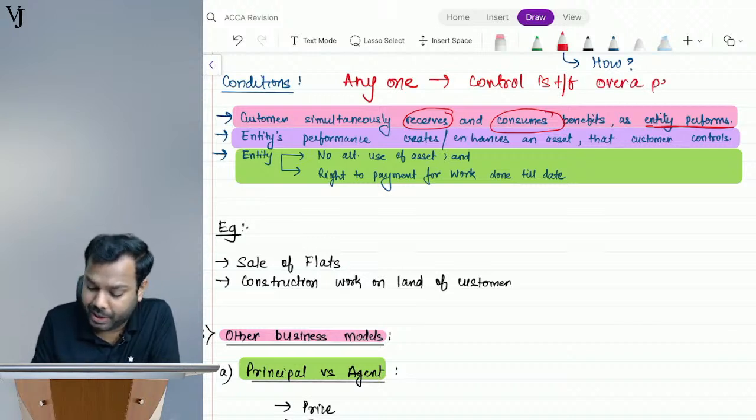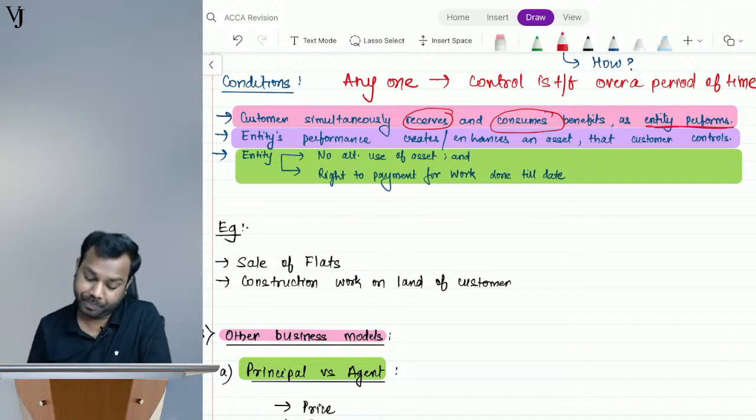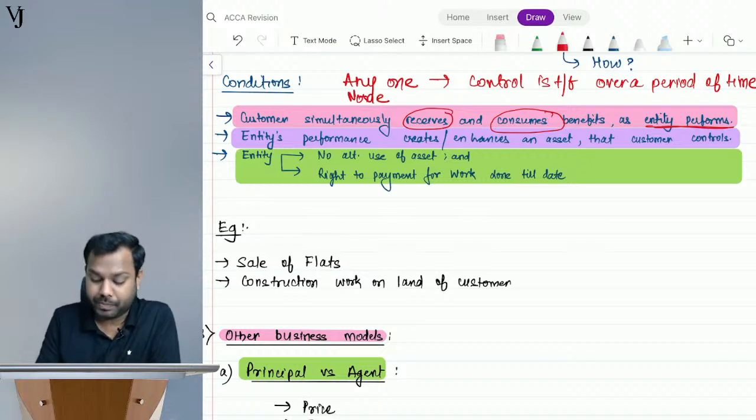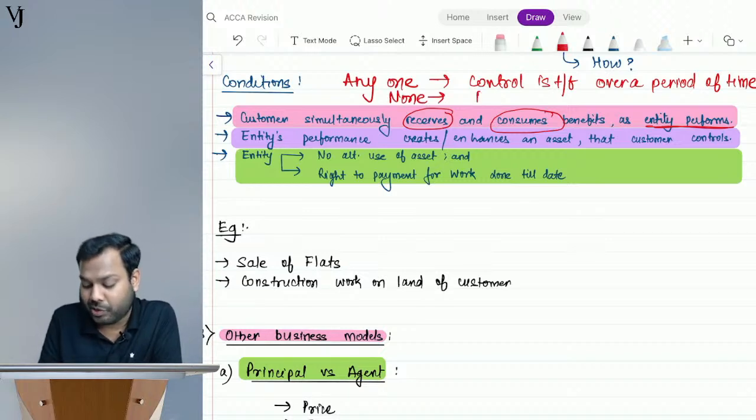But the standard also goes on to say that if none of the conditions are satisfied, then the control is transferred at a point in time.